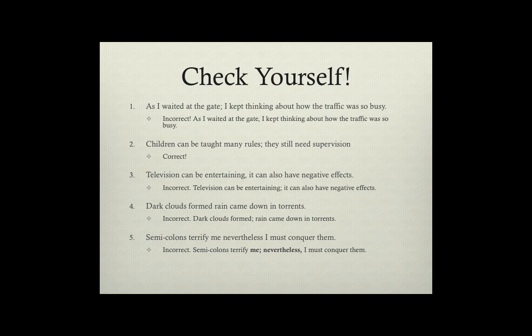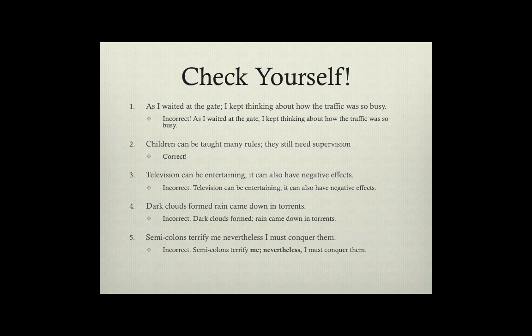Remember, the comma is weaker than the semicolon. So in this case, the writer has tried to join together basically two sentences with a comma, and the comma's too weak. This is an appropriate application of the semicolon. Okay? So replace the comma with a semicolon. In doing so, you get rid of that comma splice, and you demonstrate to your reader that you know what you're doing with your punctuation.